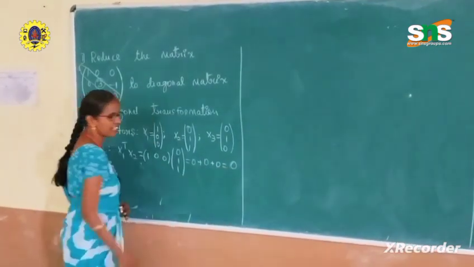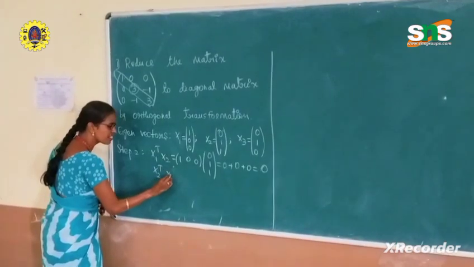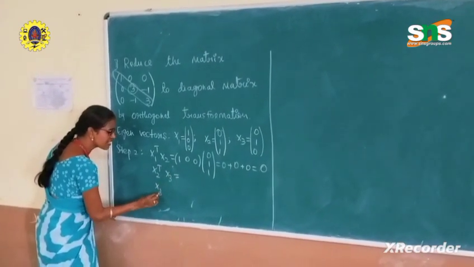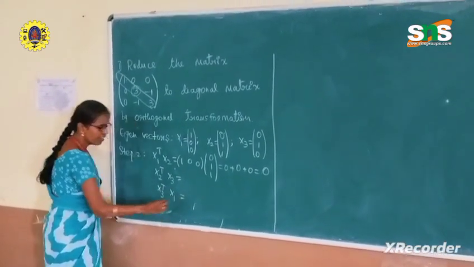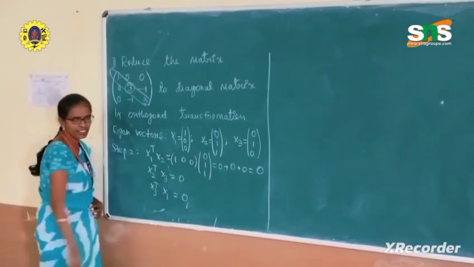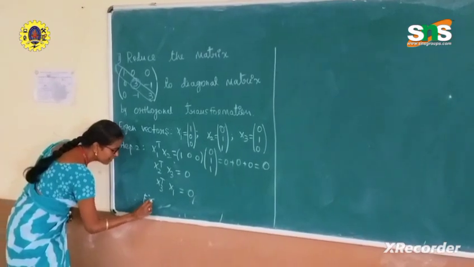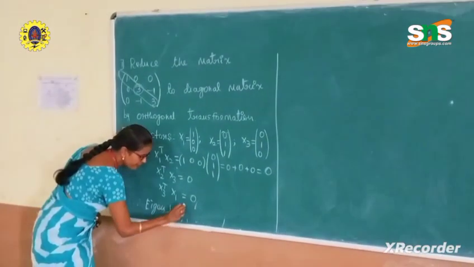Finally we get the answer as 0. The next are x2 transpose x3 and x3 transpose x1. If you verify in the same way, we get 0. So from this we can say the eigenvectors are orthogonal.